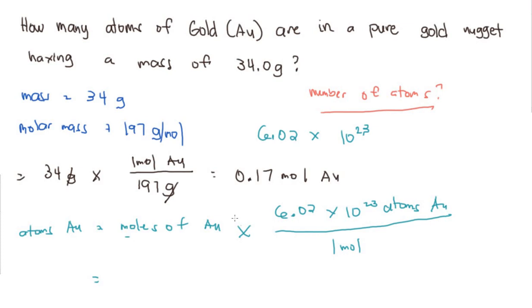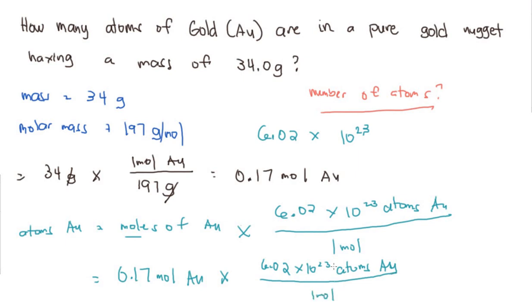We have the moles of Au, 0.17 moles of Au, multiplied by 6.02 times 10 raised to 23rd atoms of Au over 1 mole.